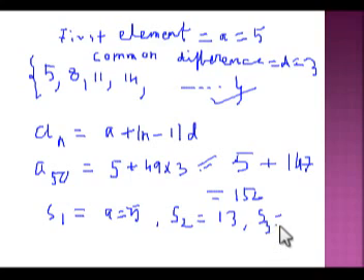S3 will be 11 plus 8 is 19, plus 5, that is 24. In this way, if we wish to know Sn, the summation of A up to n terms, how can we calculate it? We have to calculate it in this way.